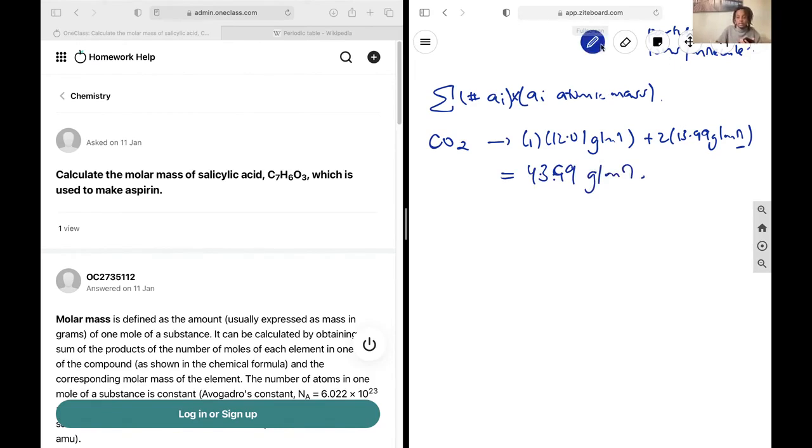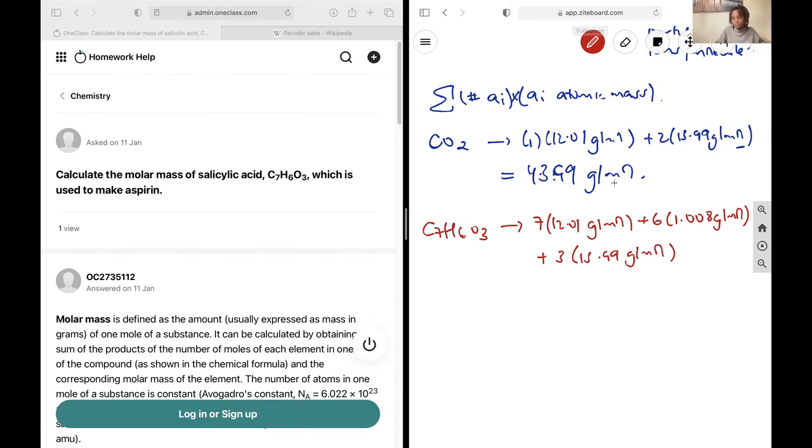Now let's take the case that we actually have here of C7H6O3. That means I'm going to do 7 by 12.01 grams per mole plus 6 into 1.008 grams per mole plus 3 into 15.99 grams per mole. All of these values, the atomic masses, can easily be found on the periodic table or any chemistry resource.